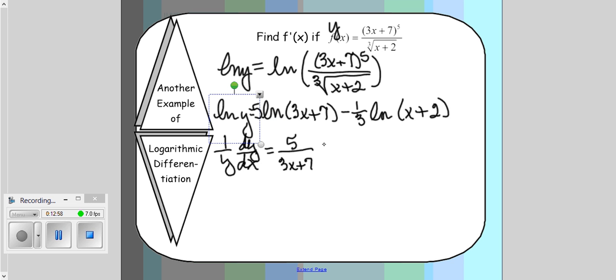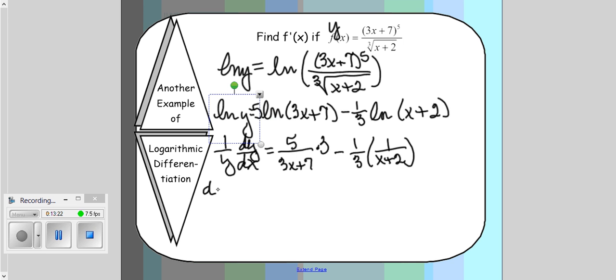And then by the chain rule, the derivative of 3x + 7 is a 3, so times 3, but that's not a big deal. We'll deal with that. Minus, okay. Now then I'm going to go ahead and do this as 1/3 times 1 over x + 2. Derivative of x + 2 is just 1, so it's good at that point.